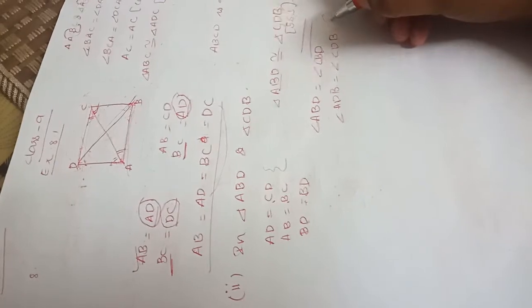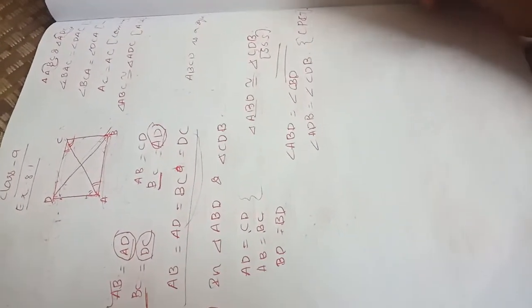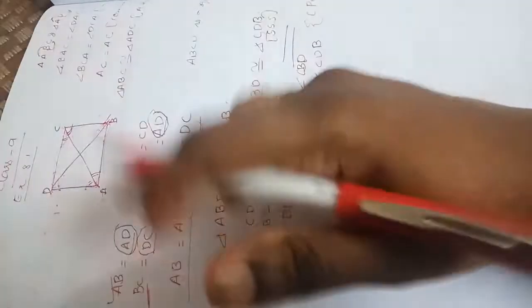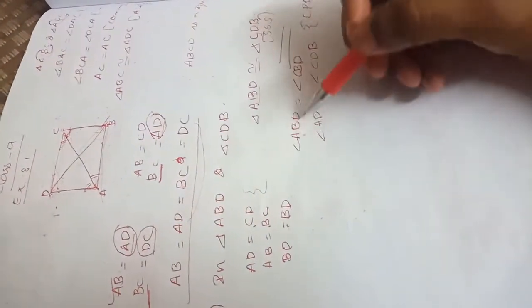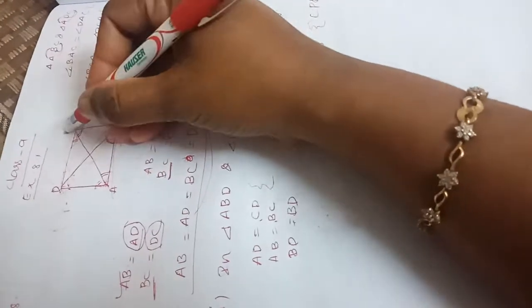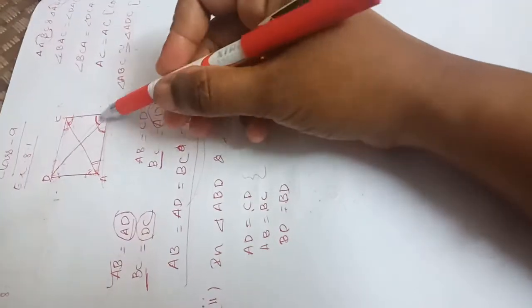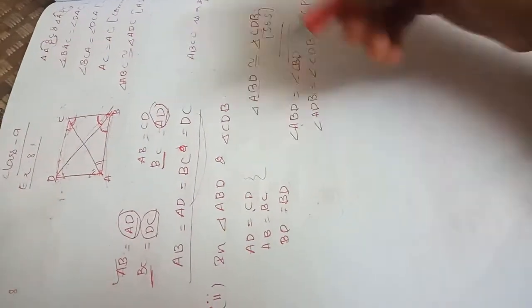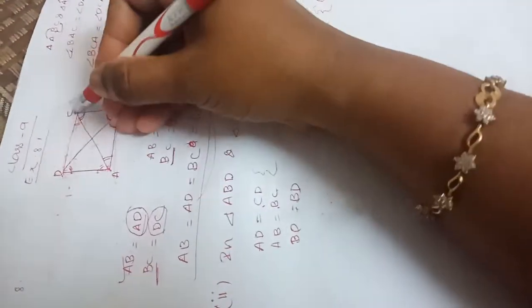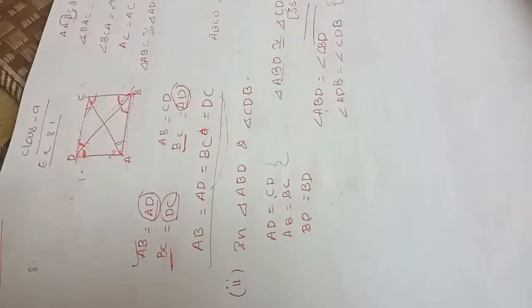By using which one? CPCT, corresponding parts of congruent triangles are equal. So angle ABD is equal to angle CBD. First we got this one, these two angles are equal. Again we got angle ADB equal to angle CDB. These two angles are also equal.